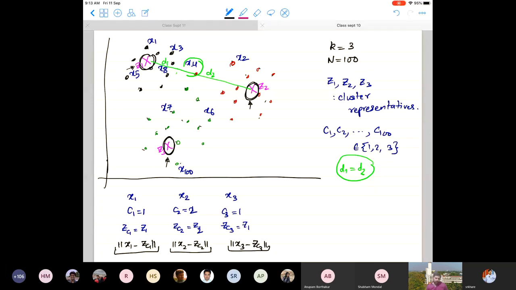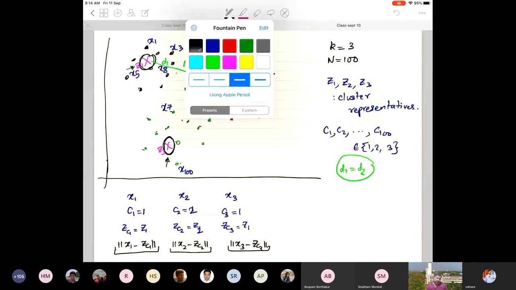You look at x2, and we look at the distance of x2 from cluster representatives z1, z2, z3, and then we see which is the nearest neighbor to x2 amongst all z1, z2, z3. Maybe in this particular case z2 is the nearest neighbor.